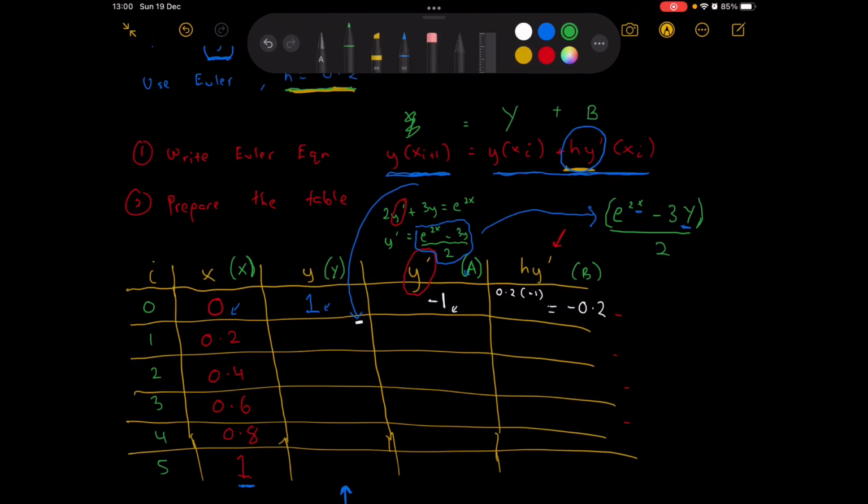Our y value is from here, which is 1. So 1 plus our b value, negative 0.2. The answer is 0.8.